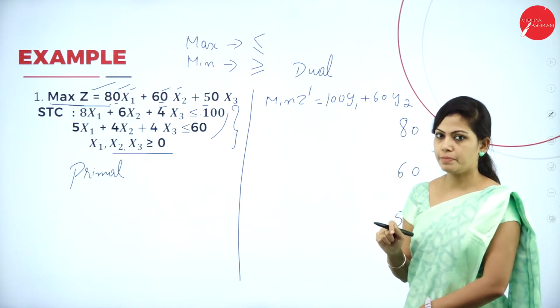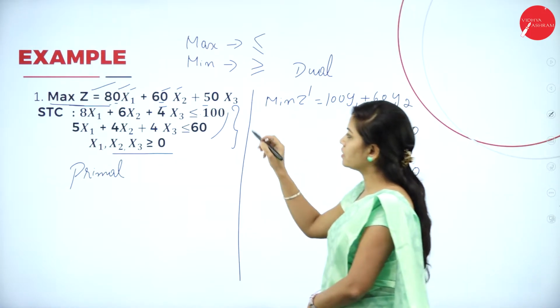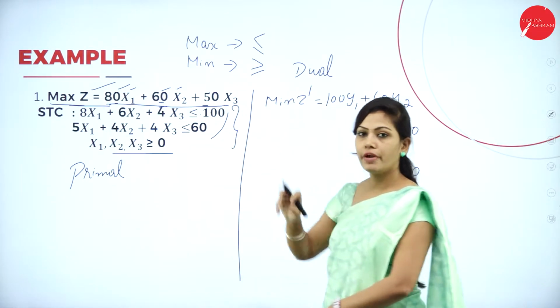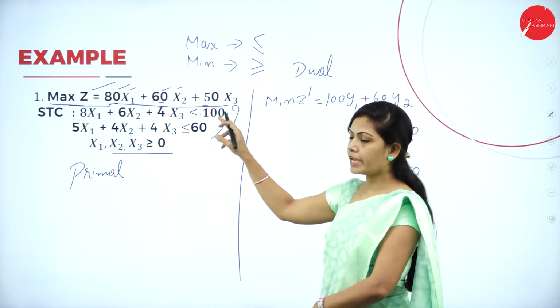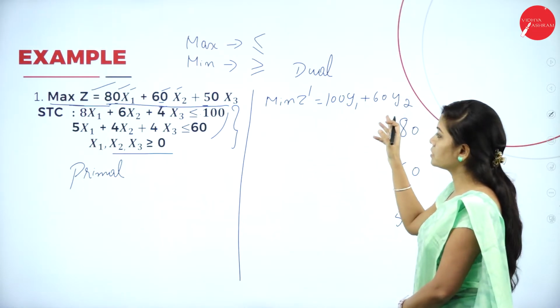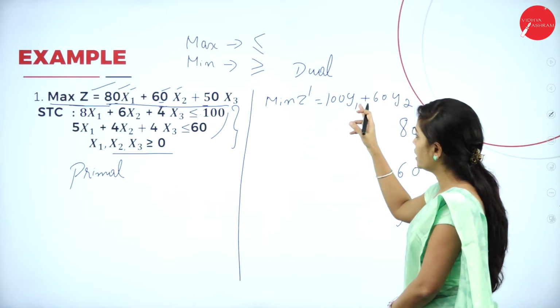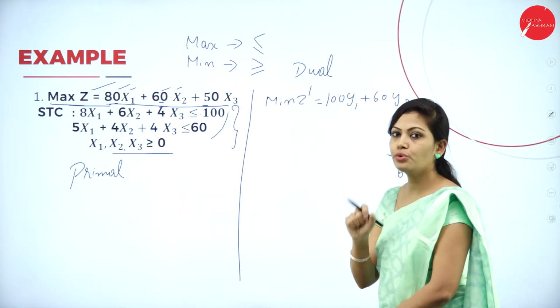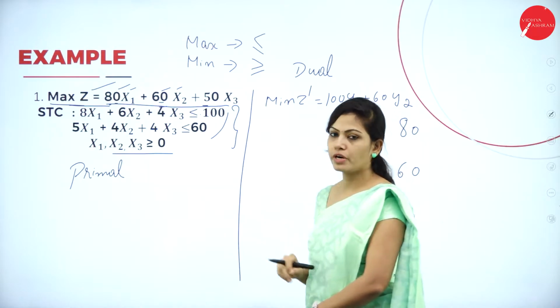This is the first step. Now you can observe the objective function. Before we had three variables, x1, x2 and x3. After this dual problem, you can observe the objective function has only y1 and y2 variables. So we have two variables in the objective function.